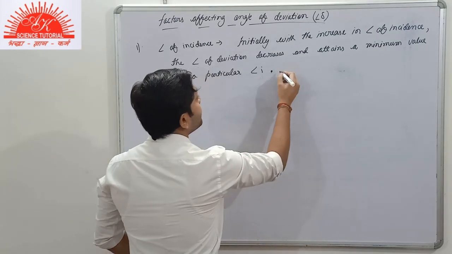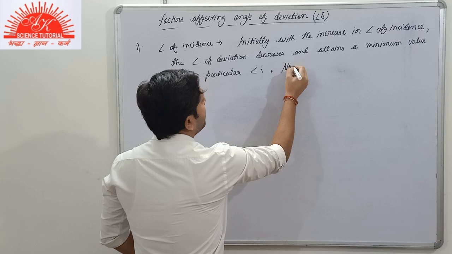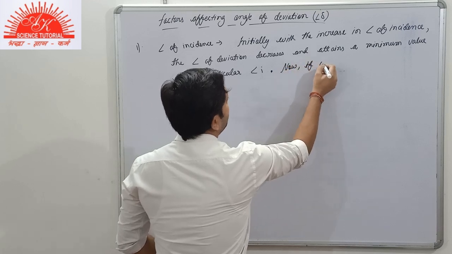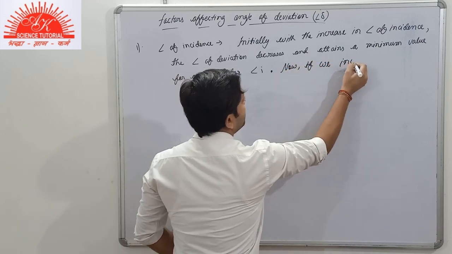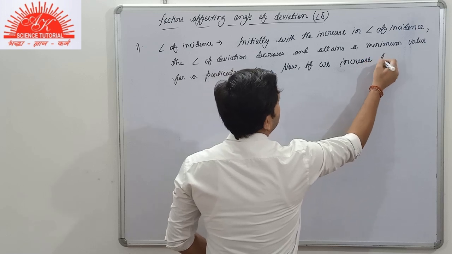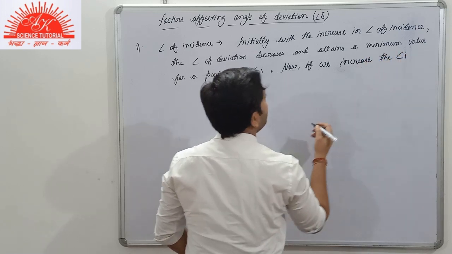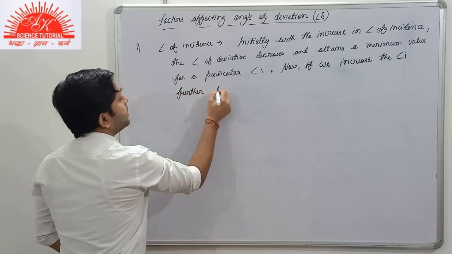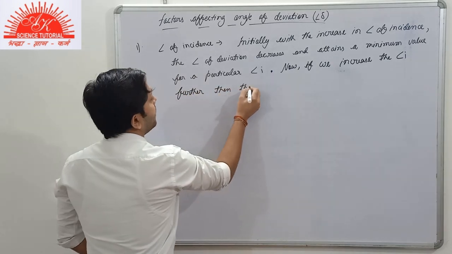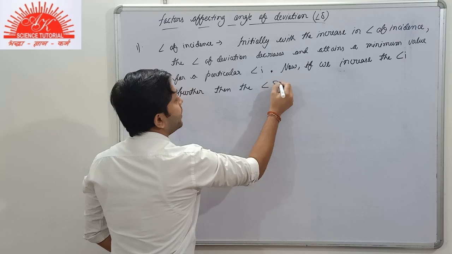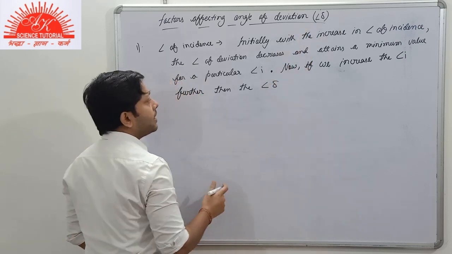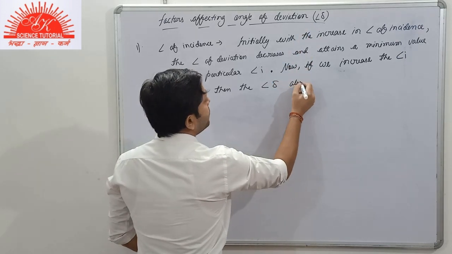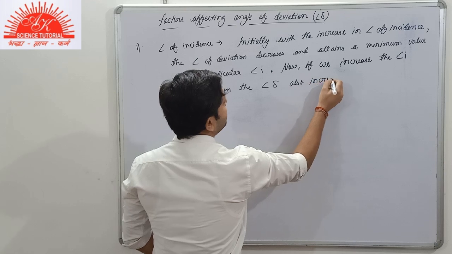I'll write it here. If we increase the angle of incidence further, then the angle of deviation, denoted by delta, also increases.